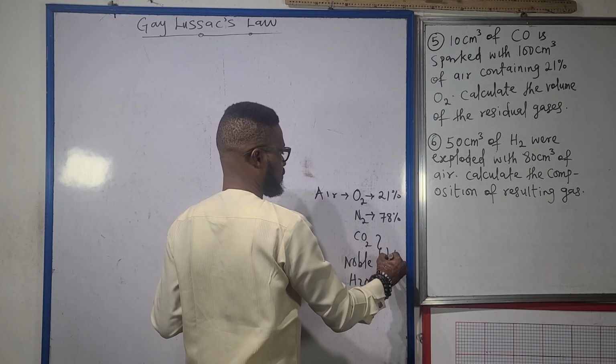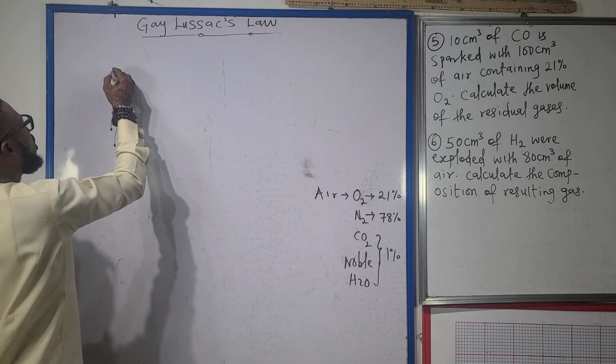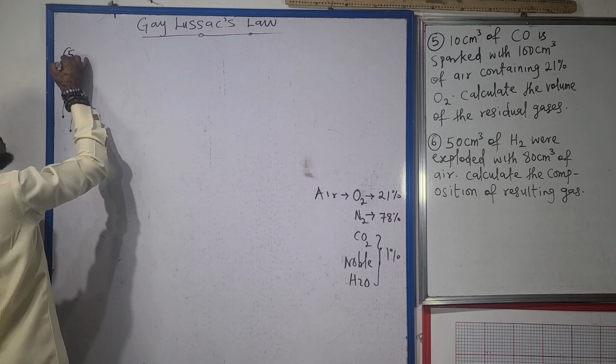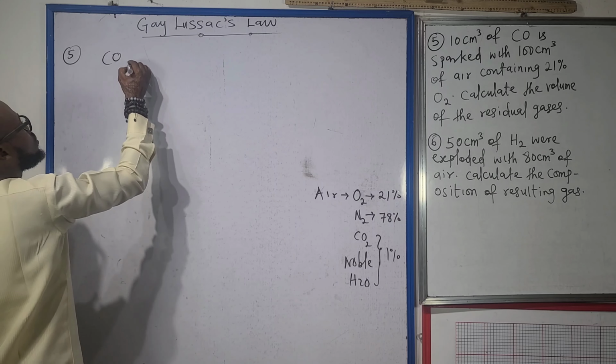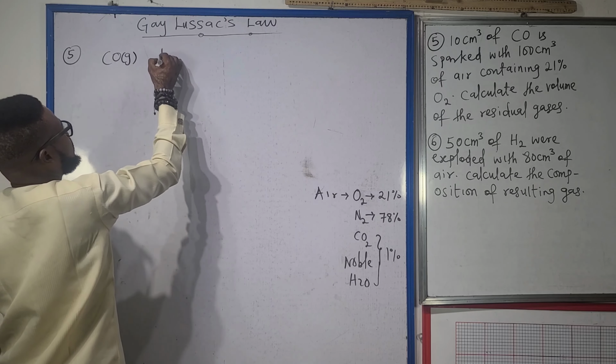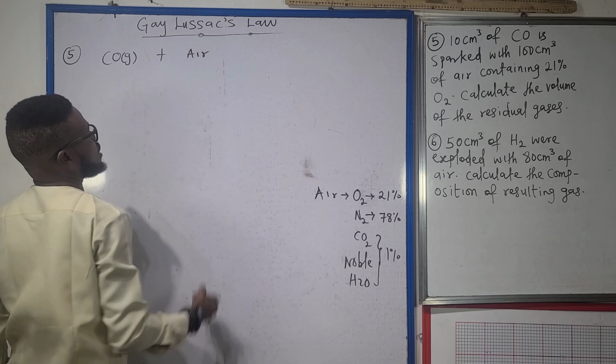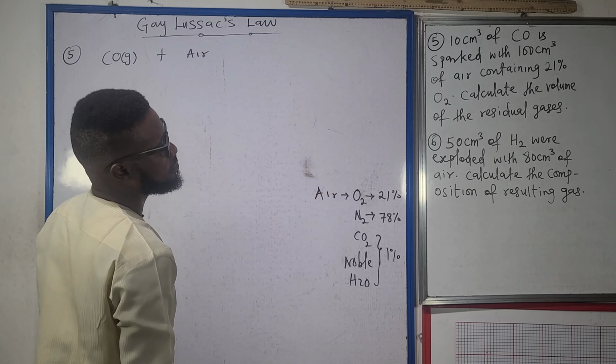So in this question, it says 10 cm³ of carbon monoxide is mixed with 100 cm³ of air. So what we have here is CO, that's a gas, mixed with air containing 21% oxygen. Calculate the volume of the residual gas. First, you need to know that carbon monoxide is not going to react with all of this air.